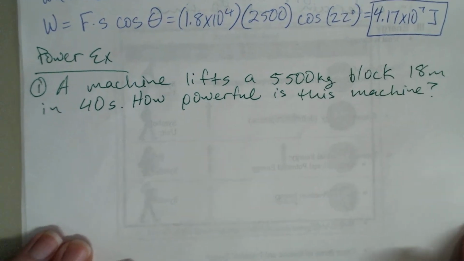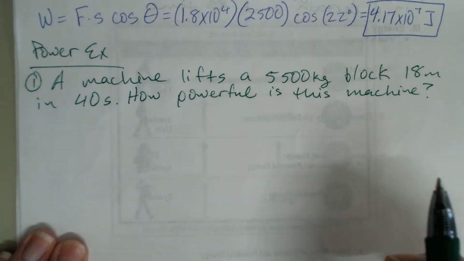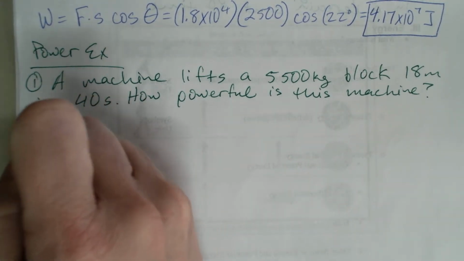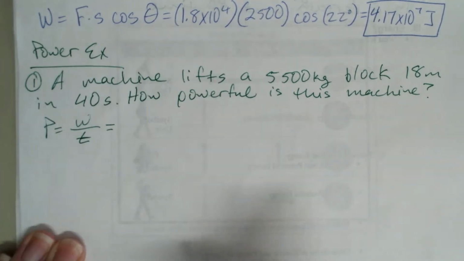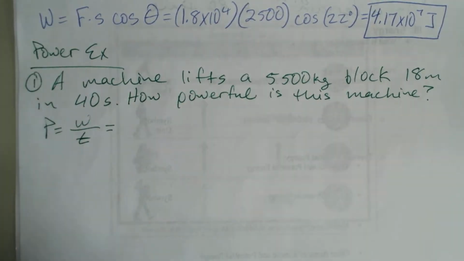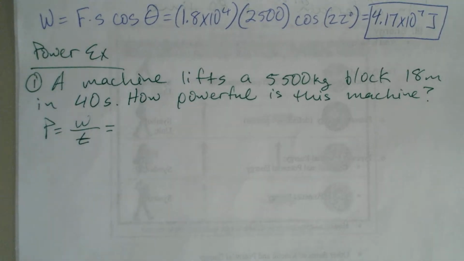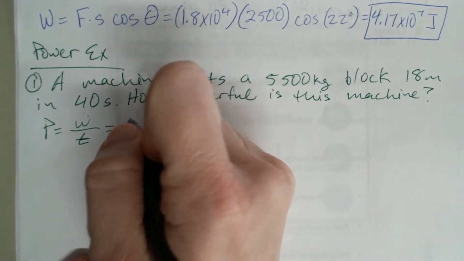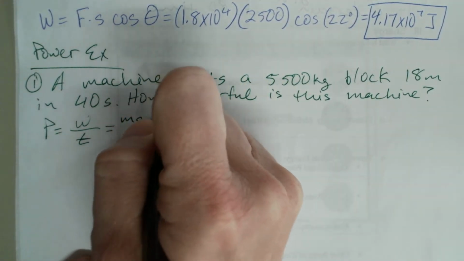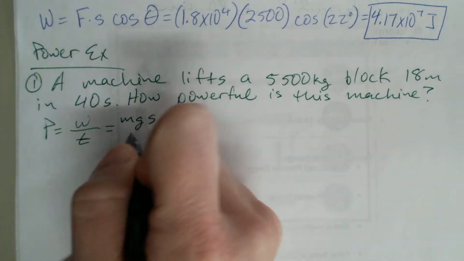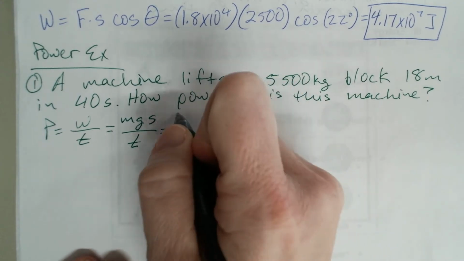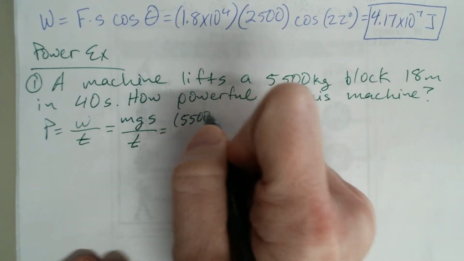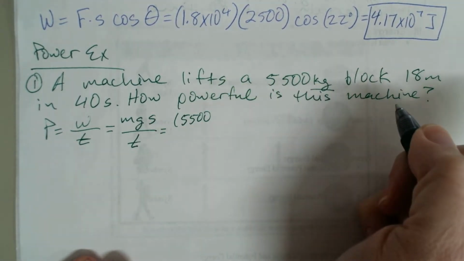Okay, so here I have something that's being lifted. So even though I know power equals work over time, I'm doing work against gravity. So I would say mgs for work, and then over time. And they did give us the m, so we can plug that in. So 5,500, and it's in kilograms, which is the SI base unit.